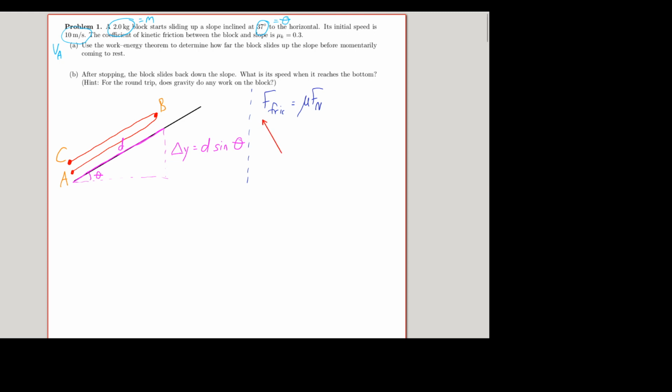I know the normal force goes like that. I know gravity goes like that. If this line here is the slope, then I can decompose gravity into its components, one perpendicular to the slope and one parallel.